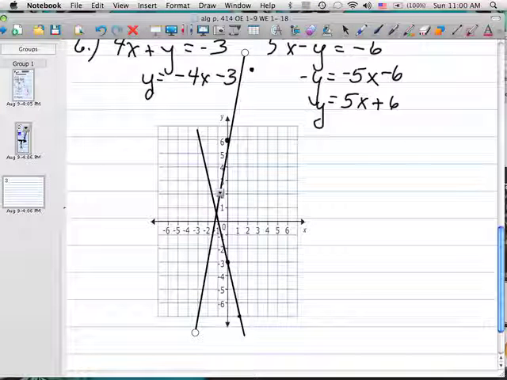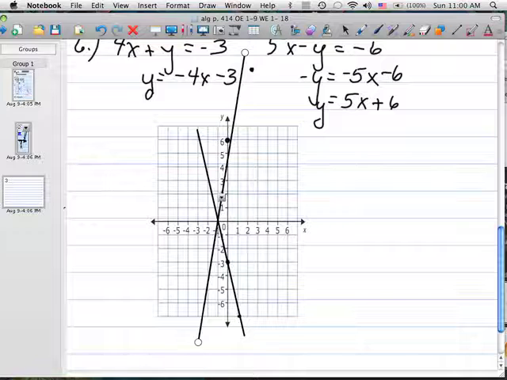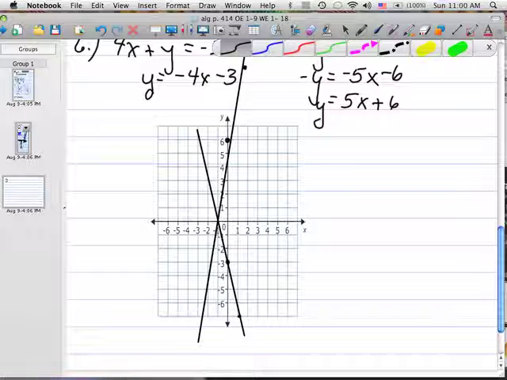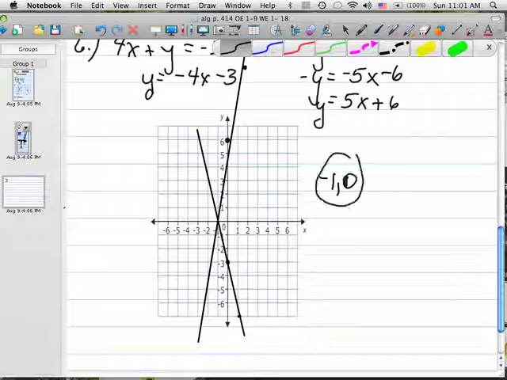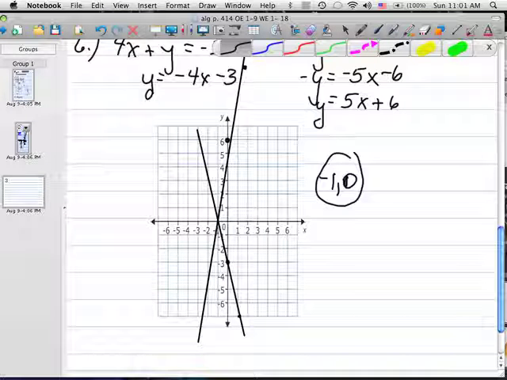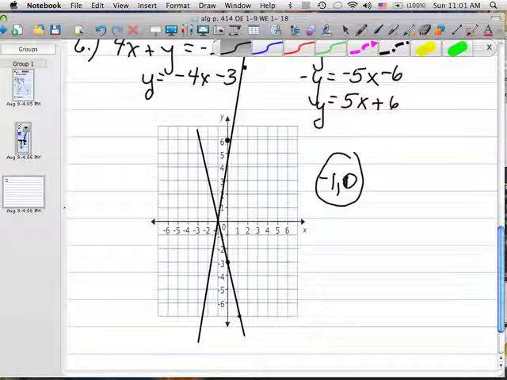So I was off on that point. This point needs to be moved over. So our intersection point is -1, 1.